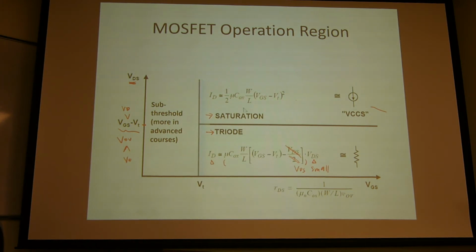On the other side, if the transistor is in saturation, the drain current is independent of the drain voltage. Because here, let's say this is the source, you ground, this is the drain, so you have VDS across that.